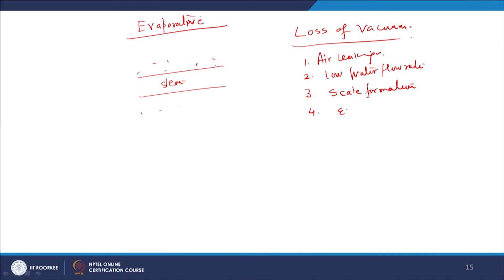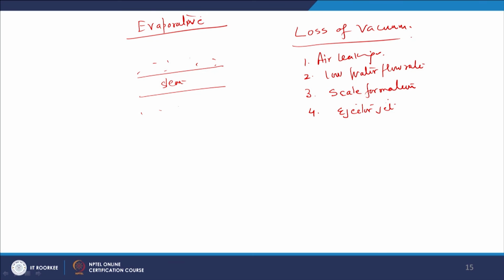This may also hamper the heat transfer and may cause rise in the pressure in the condenser. Or, if there is an ejector jet in a condenser, the purpose of the ejector jet is to periodically remove the air and steam mixture from the condenser. So, if it is jammed or blocked, in that case also the pressure in the condenser will rise. That is all for today.